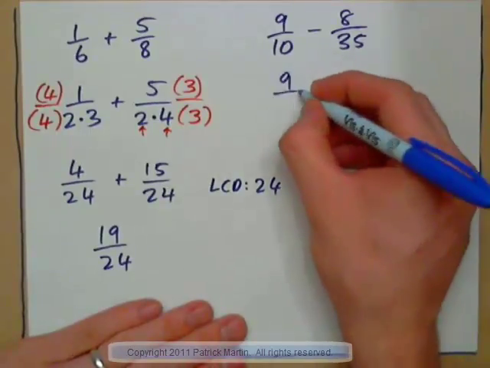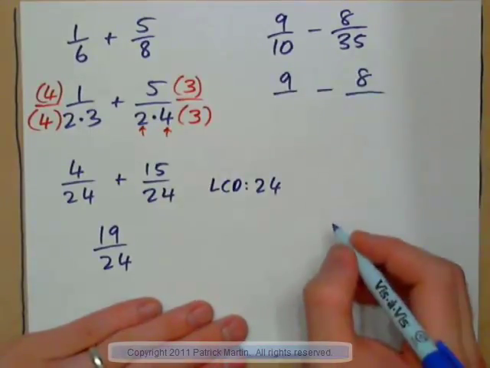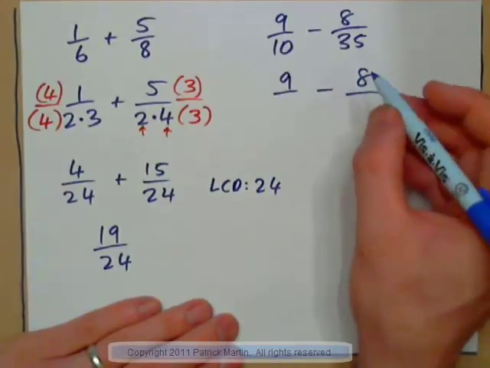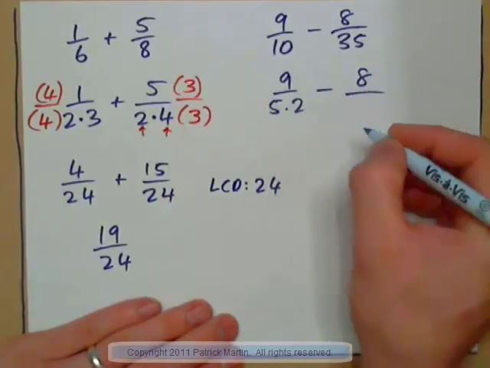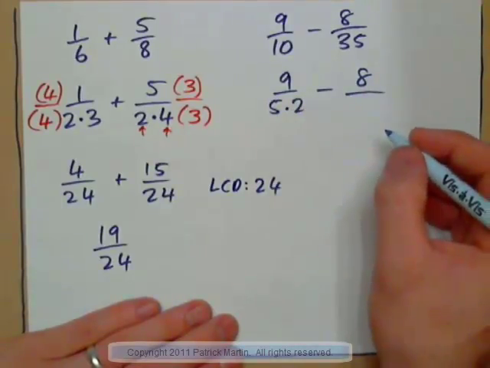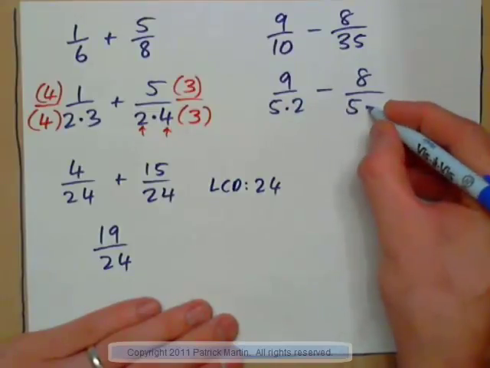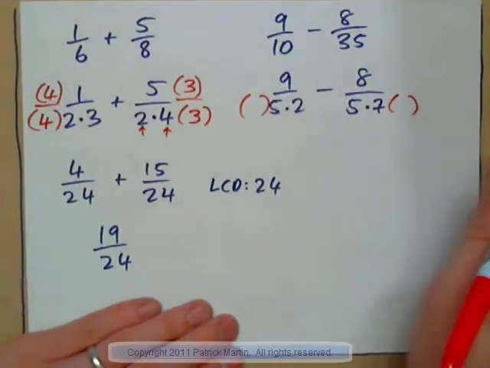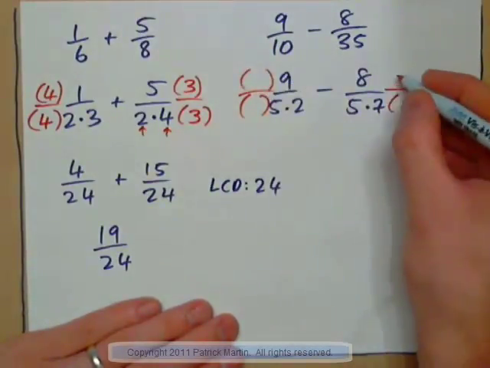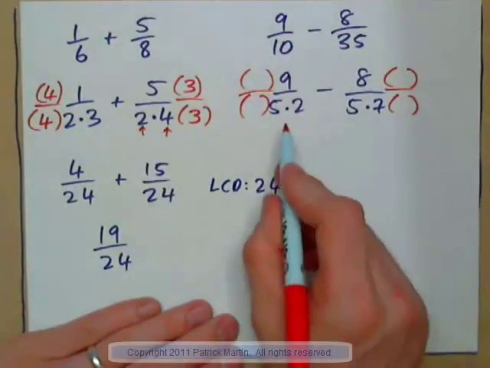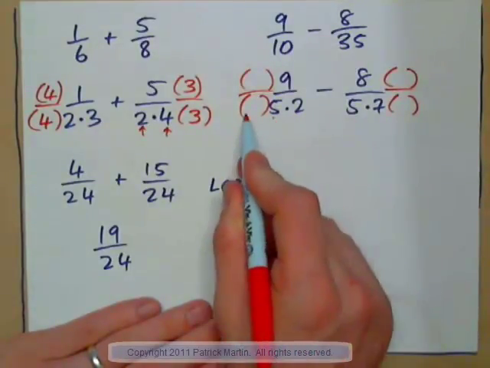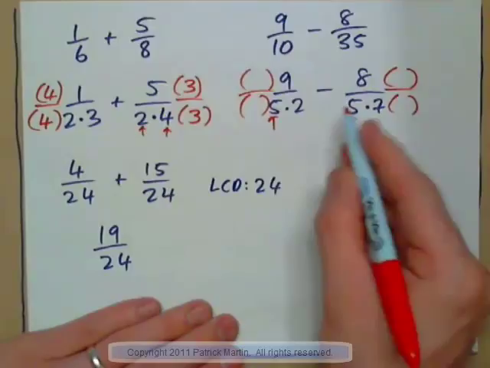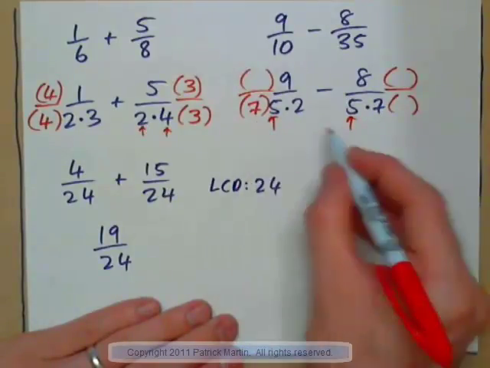How about 9/10 minus 8/35ths? Factorize the bottoms and then make the bottoms the same. So 10 can be factored to 5 times 2. 35 can be factored to 5 times 7. Now put a number here and put a number here so that both bottoms are the same. So let's see. Over here we've got a 5, the same 5 here and here. But we don't have the 7, so put the 7 there. Now I've got the 5 and the 7.